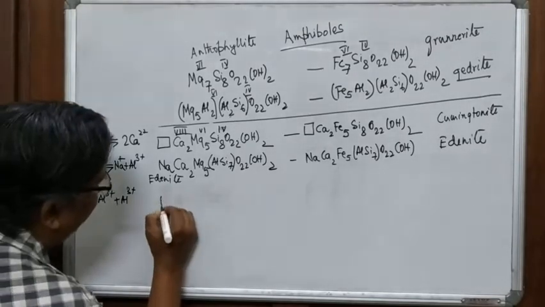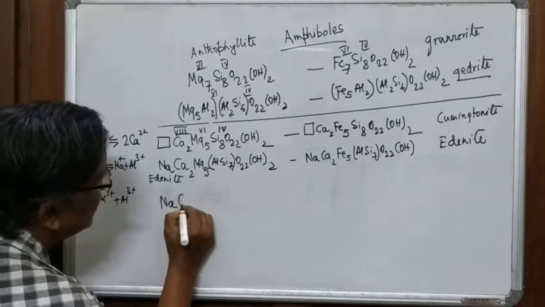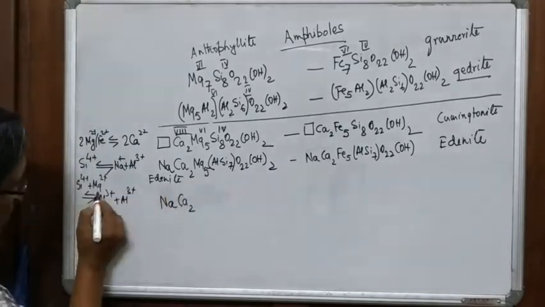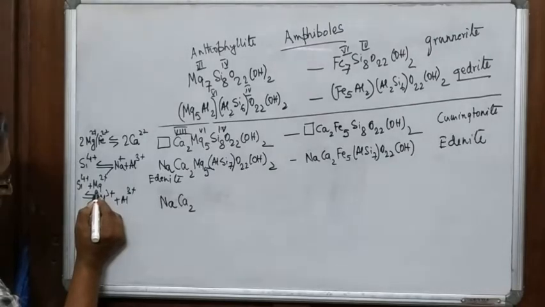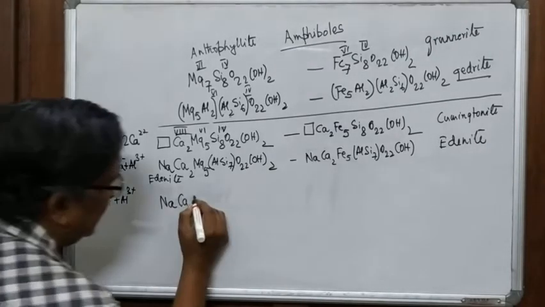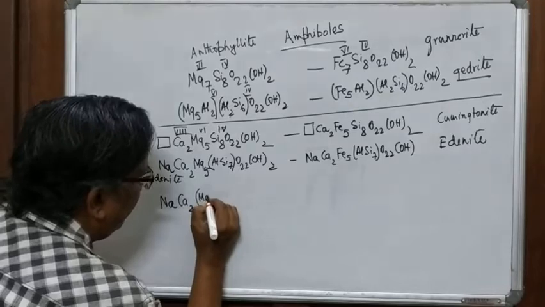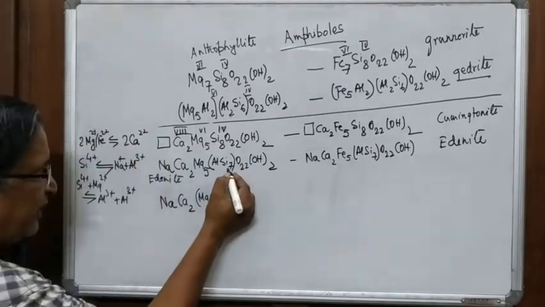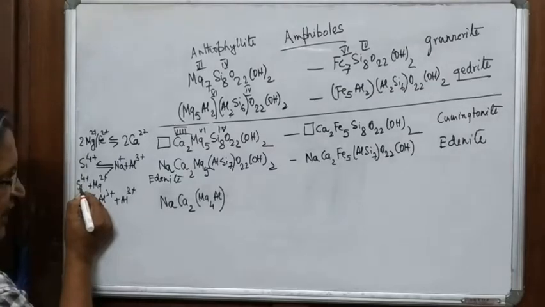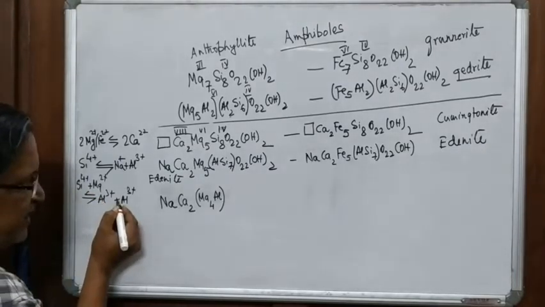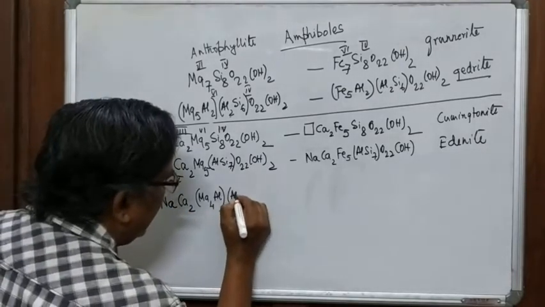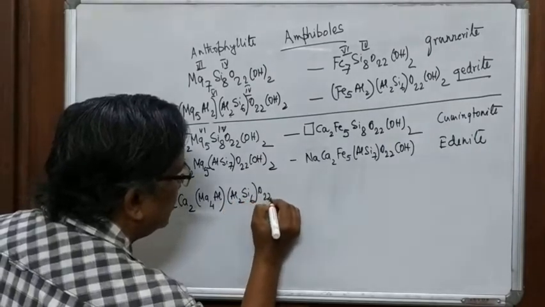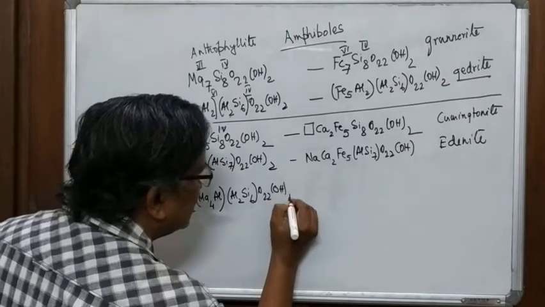So now we have NaCa2, but now 1 magnesium is lost because you have taken it here, and 1 aluminium is added. So you have Mg4 Al, and now here 1 silicon is taken away and another aluminium is added. So you have Al2 Si6 O22 (OH)2.